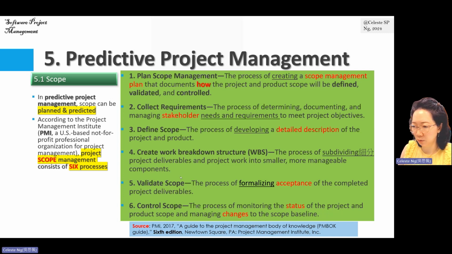So control scope is the process of monitoring the status of project and product scope and managing the changes. If we encounter a case whereby changes must be made, then we go through the integrated change control process, and the necessary change or modification will be incorporated, and then it becomes our new scope baseline.